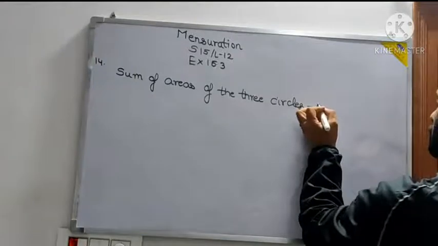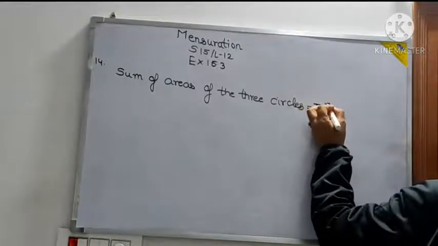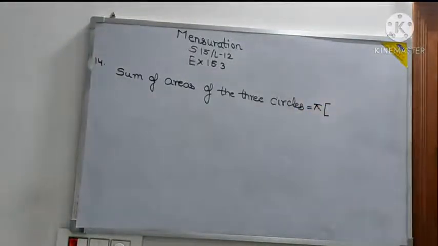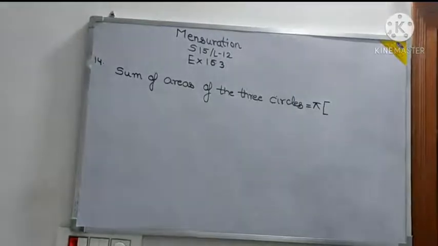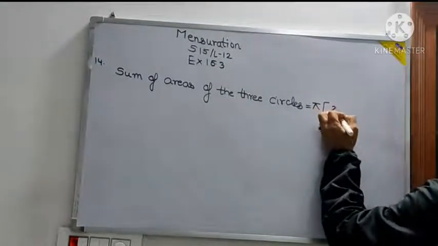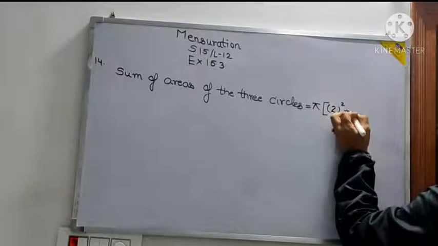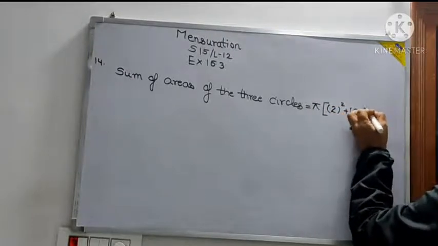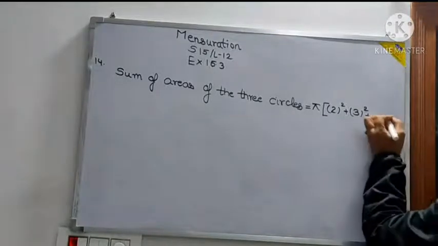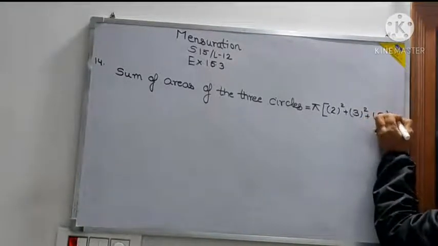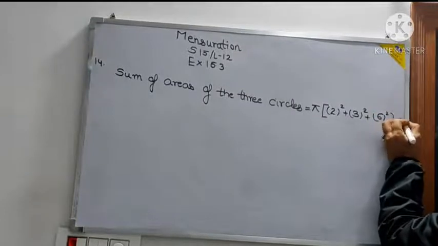So pi r square is the area. We'll take pi common, and inside that the three radii of the three small circles are given, 2 centimeter, 3 centimeter and 6 centimeter. So 2 square plus 3 square plus 6 square centimeter square.